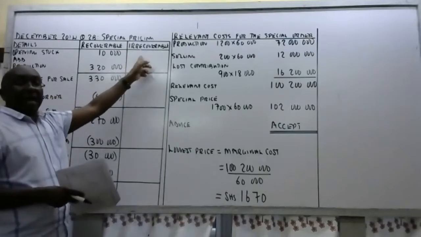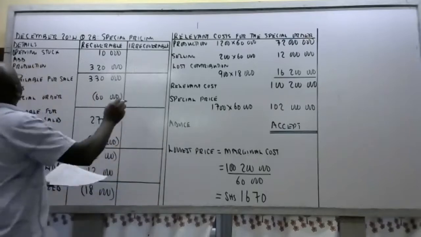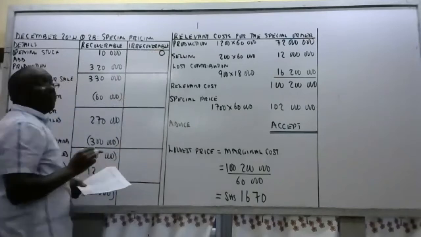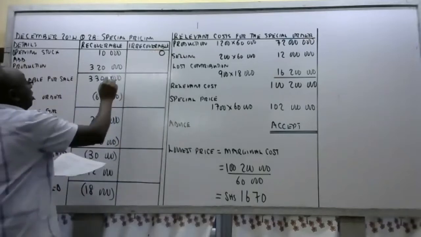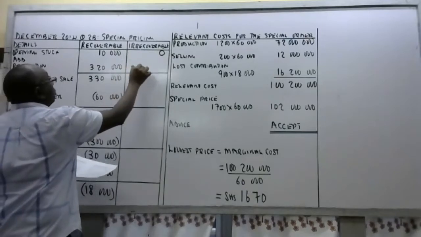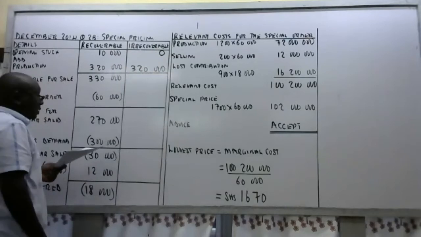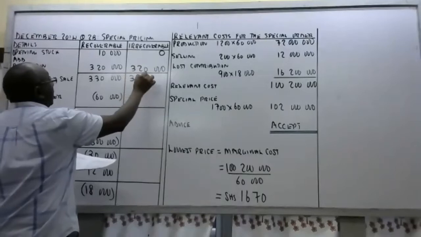The opening stock is now 0. Then production remains 320,000, so the available for sale is 320,000.